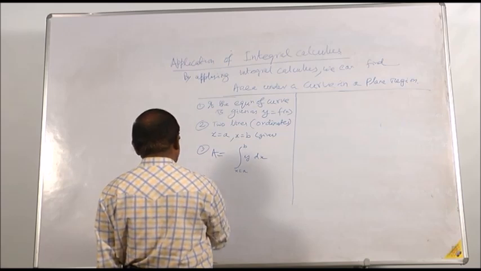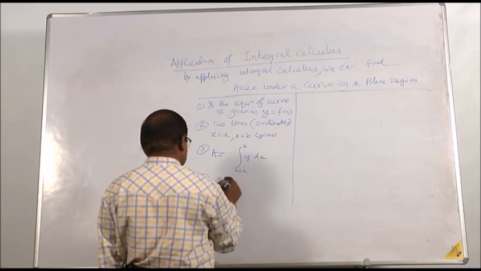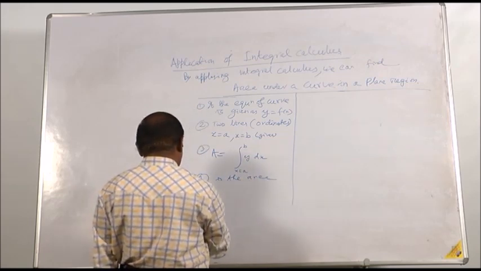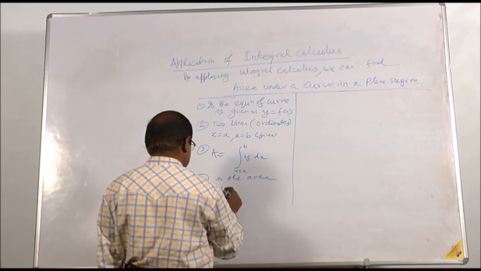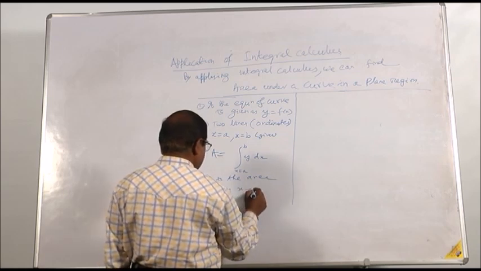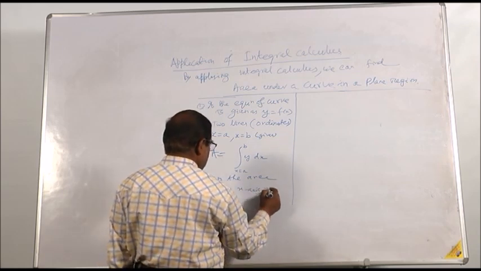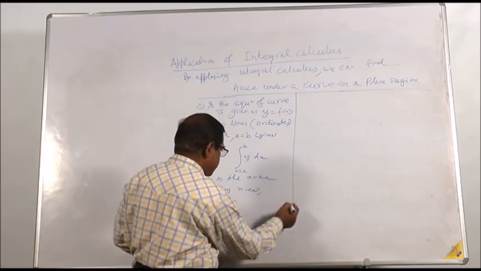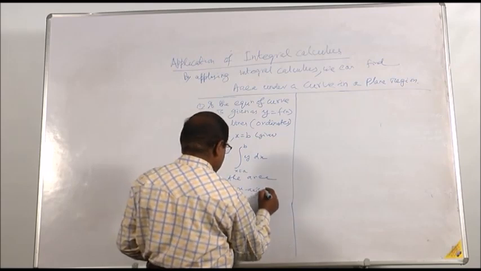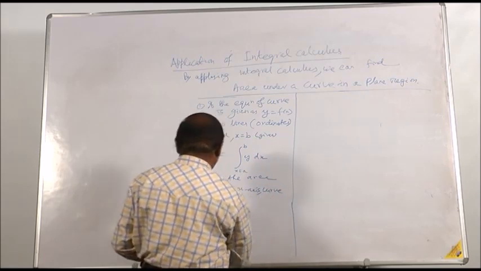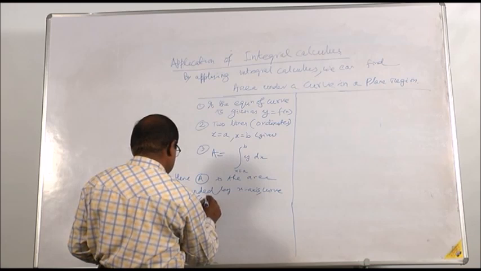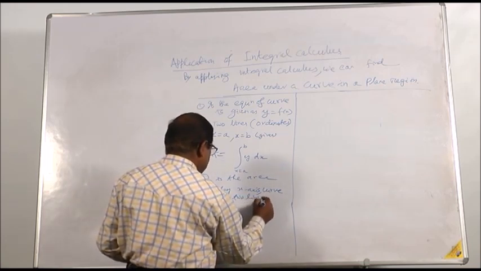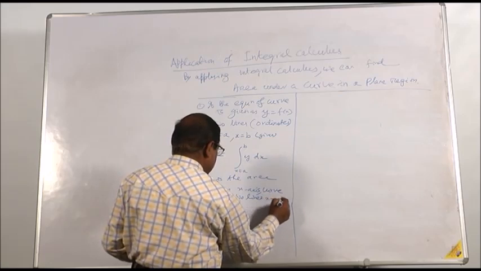Here A is the area bounded by the x-axis, the curve y is equal to f(x), and two lines, ordinates x is equal to a, x is equal to b.